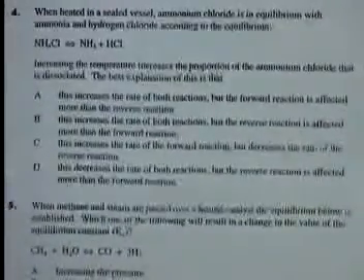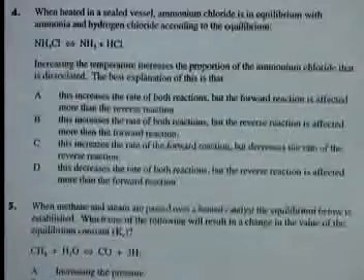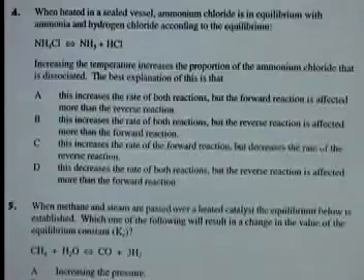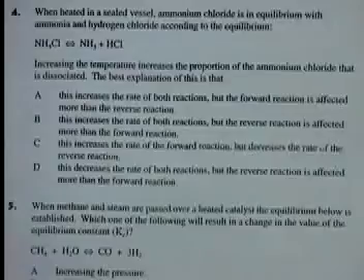This is question number 4, and yours might be on the same page already. I'm not sure, but it's probably a little bit smaller than this one. But let's read through the question, then we'll pause and give you a second to try to answer it. When heated in a sealed vessel, ammonium chloride is in equilibrium with ammonia and hydrogen chloride according to the equilibrium.